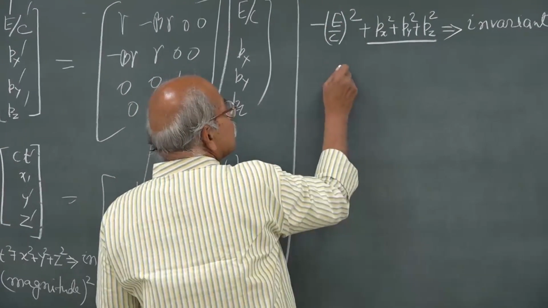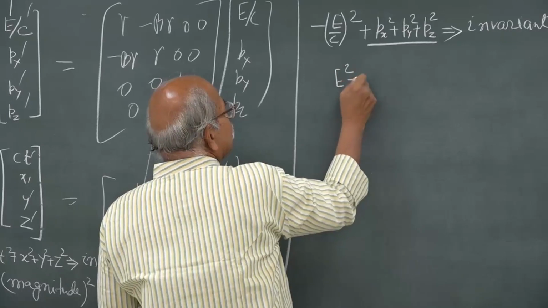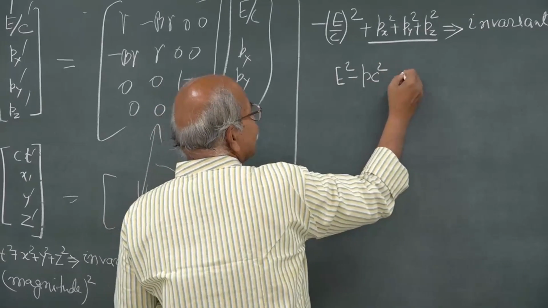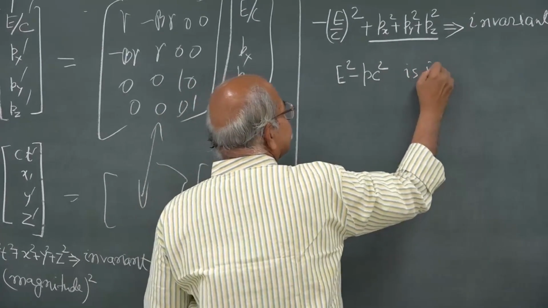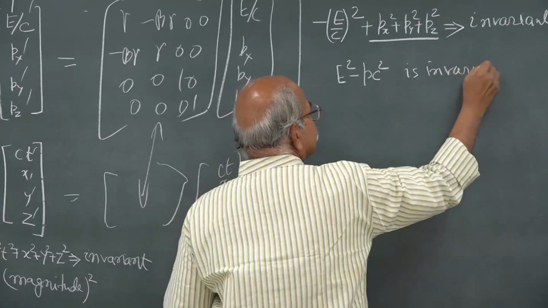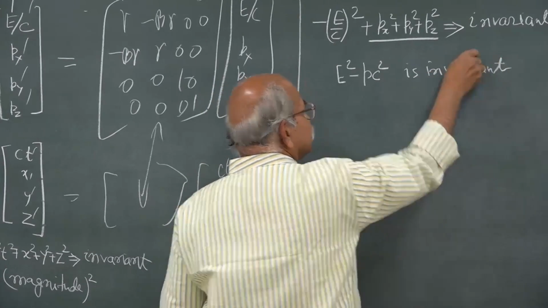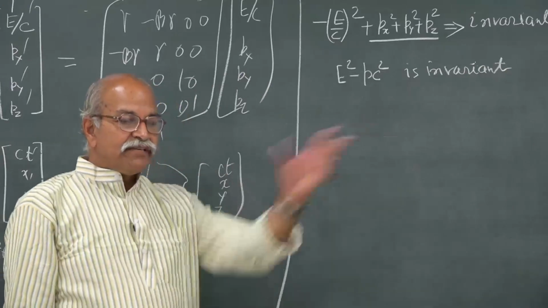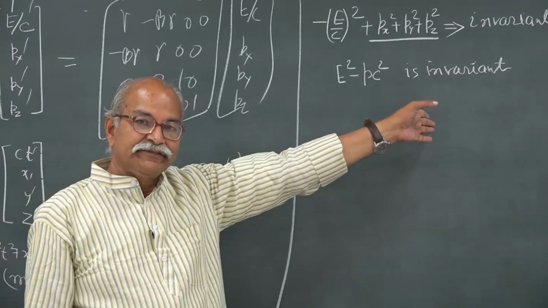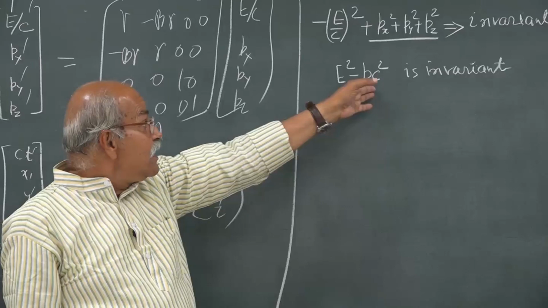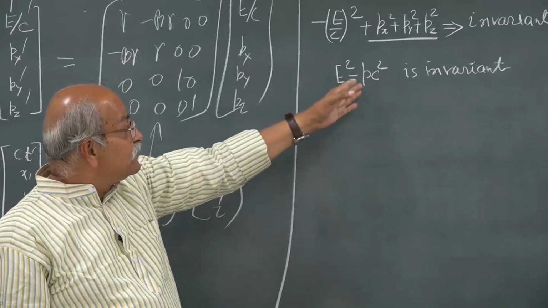Hence, E square minus P square c square is invariant. So, when you change frame, this will not change, and for one particle it does not change.